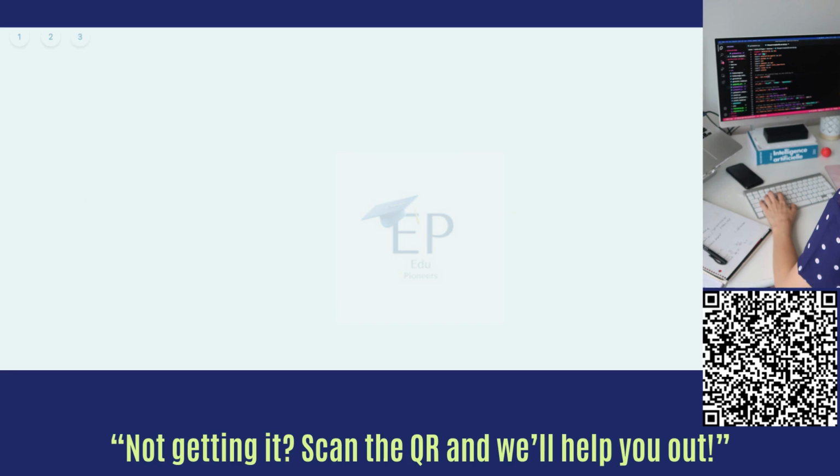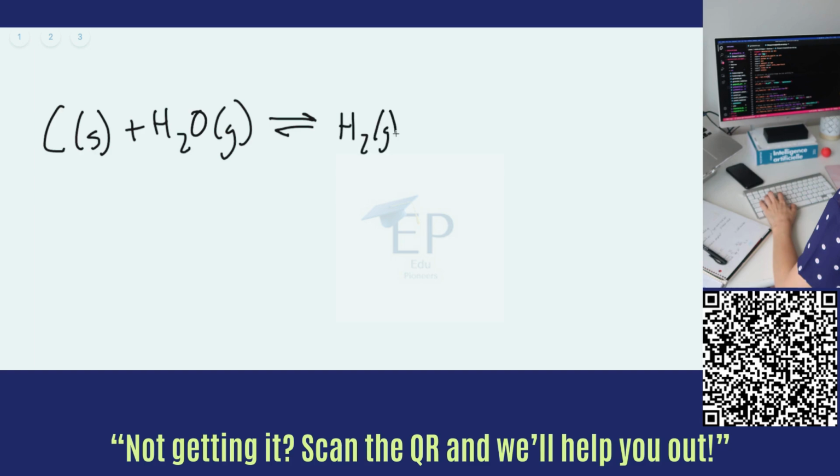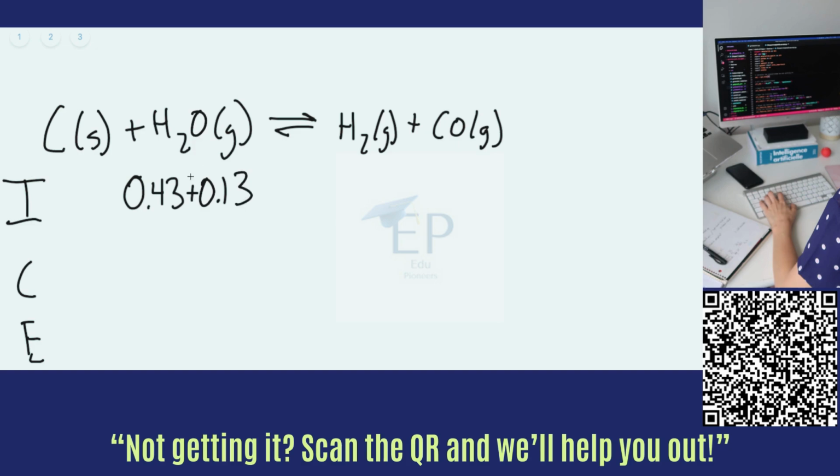Now, I'll go to a new page so we can go back to our original equation and do an ice table, initial change equilibrium. So here's our original chemical equation, and we want to do an ice table. Our initial H2O is going to be the amount we started with, 0.43, plus the 0.13 we gained after adding the O2.